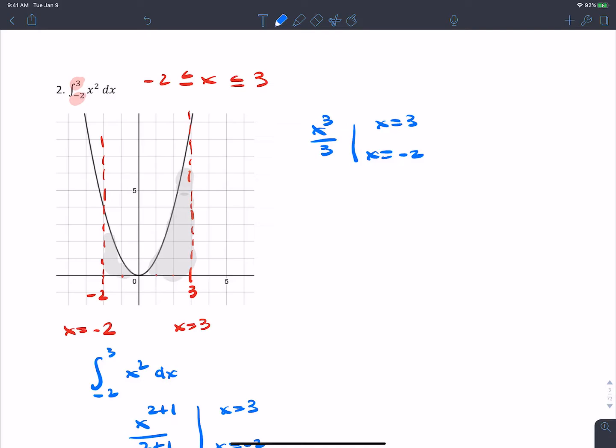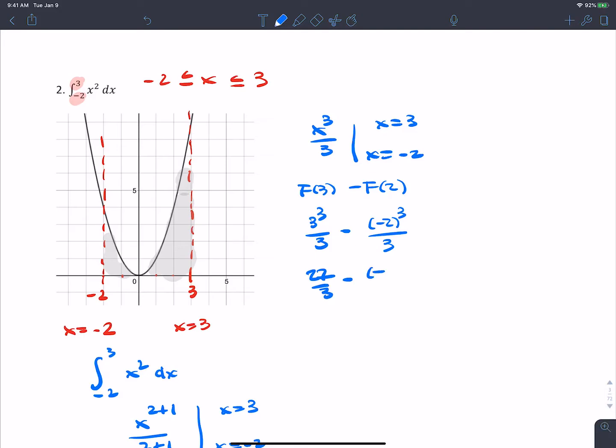So now we just plug in the values, right? We just need the difference between the antiderivative at the upper limit and the antiderivative at the lower limit. So we get now what? 3 cubed over 3 minus what? Is that a -2 cubed over 3? So it looks like we get 27 over 3, right?